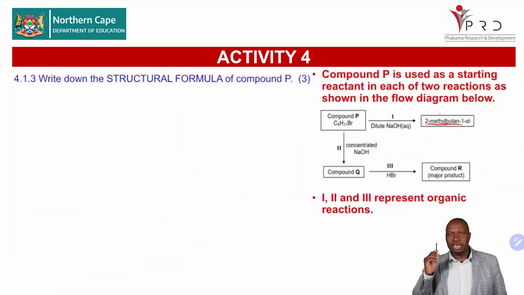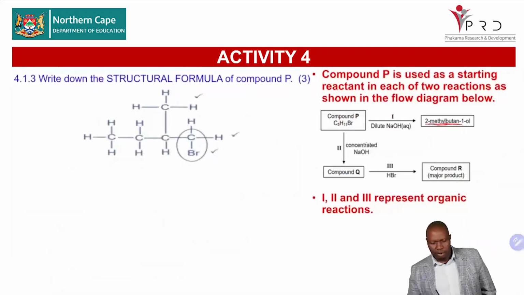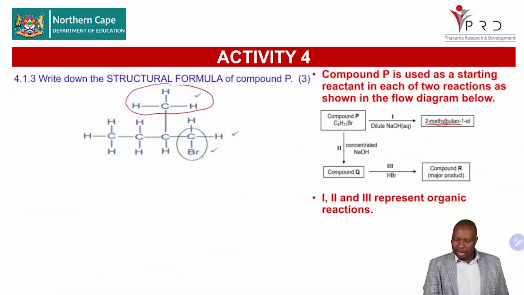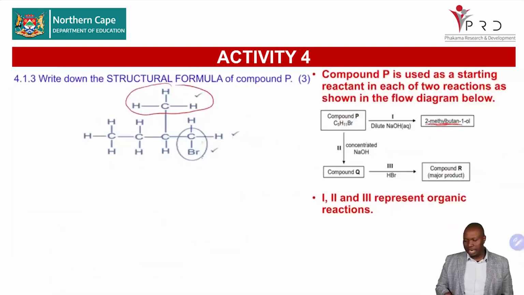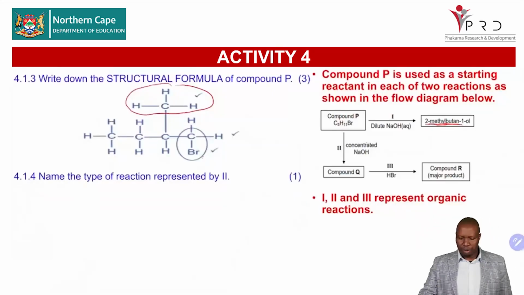The longest carbon chain must have 4 carbons. In carbon number 2, we must have a methyl, you'll get 1 mark for that. In carbon number 1, we have a bromo, 1 mark for that. If the whole structure is correct, another mark. So that's 3 marks if we do that correctly. Drawing structural formulas is very important.